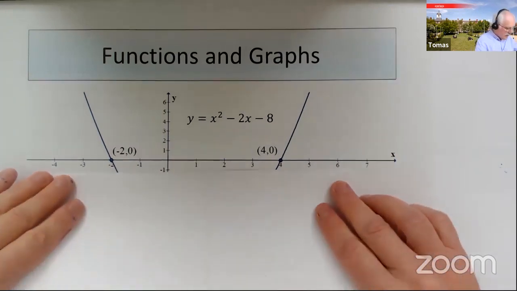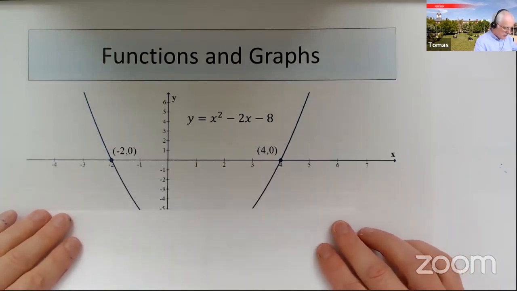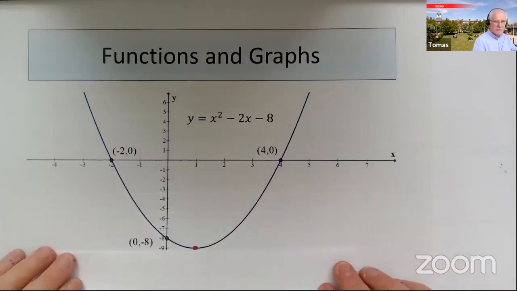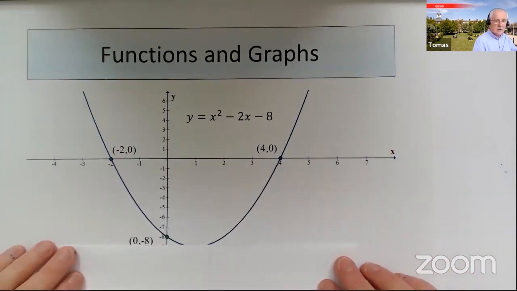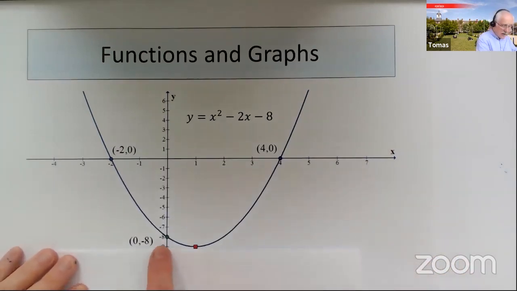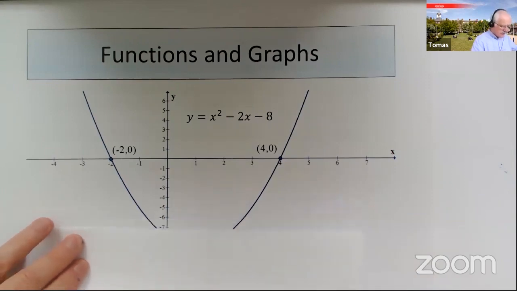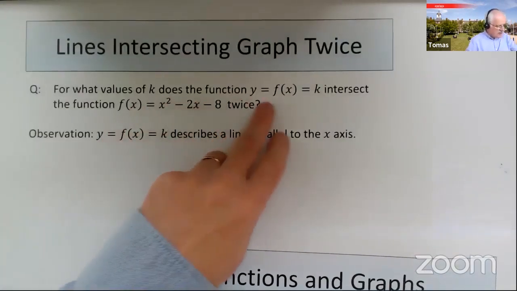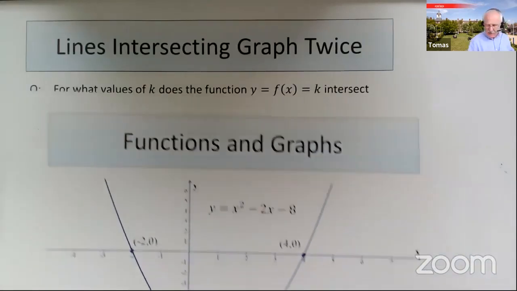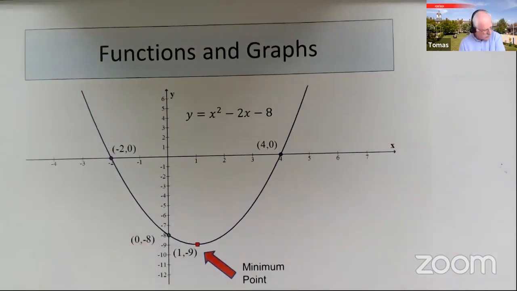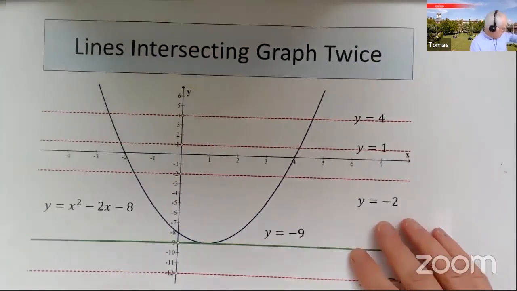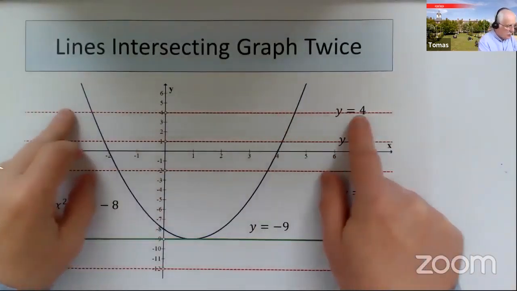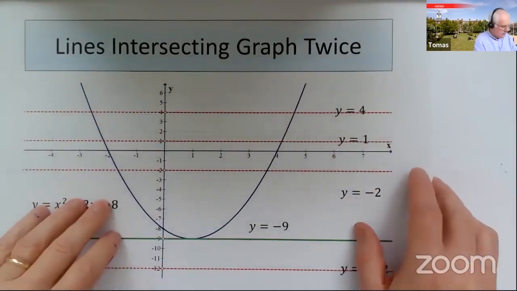So what line actually stops cutting the graph? Is there a line here that stops cutting the graph at all? And what is that line? It looks like it's around -9, but we'll just look at that and see. So the exam question was, what values of k does it intersect twice? So we start looking at the graph here, and we're saying clearly this line, y equals 4, intersects it twice.